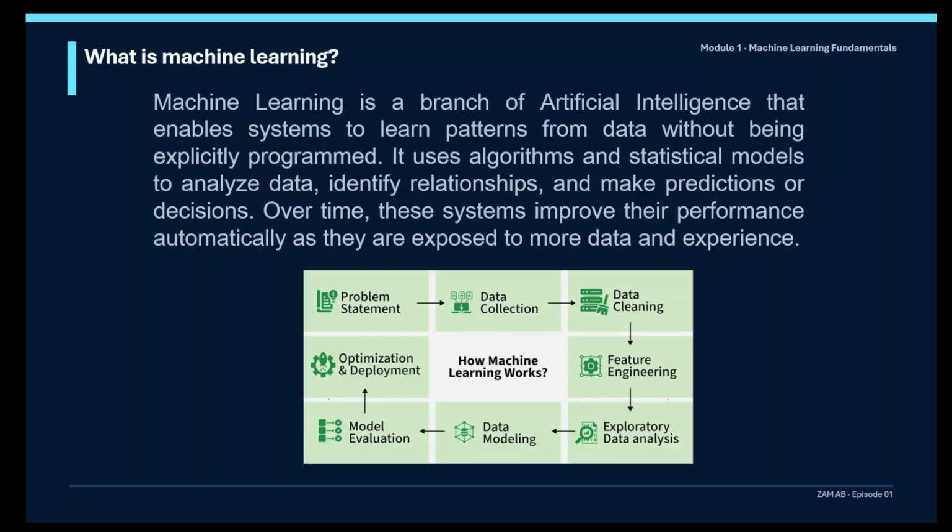So based on the earlier data, it can predict the output of the new data which is given to it. So it improves all the time as well. The machine learning performance automatically enhances as it is exposed to more data and experience.